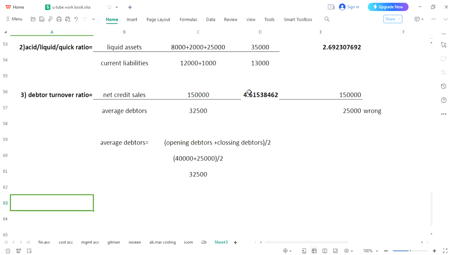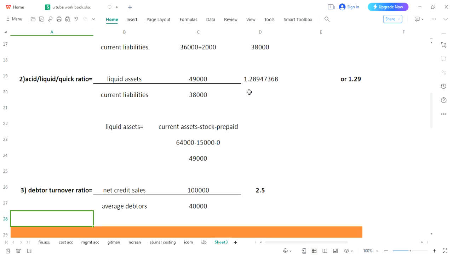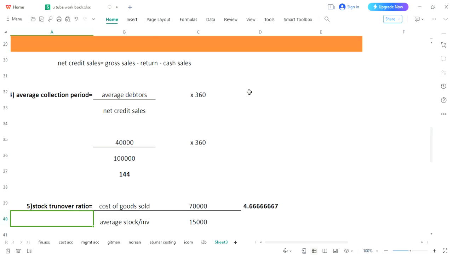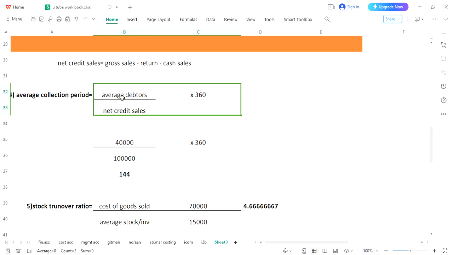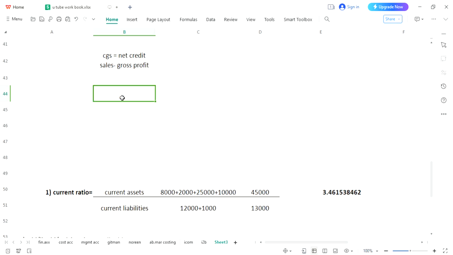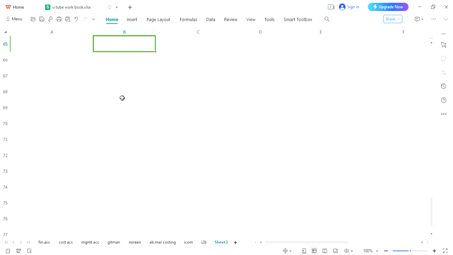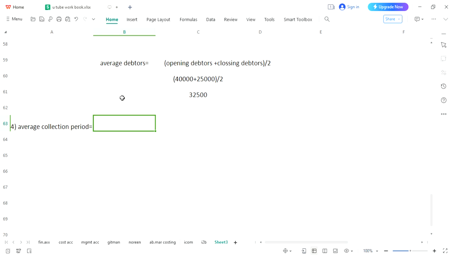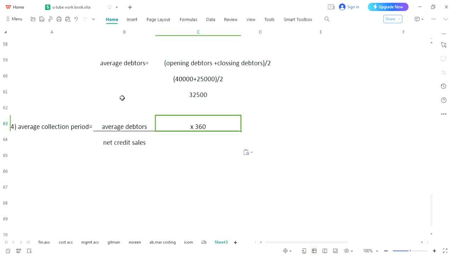Alright guys, now let's move forward. We have the fourth point, average collection period, and we are taking help from here. The same formula would be used, putting average debtors over here. Since the book writer is not calculating average debtors, you will follow the same.